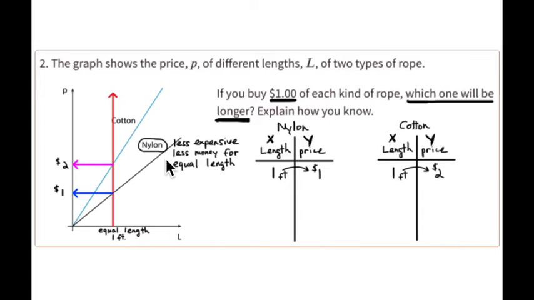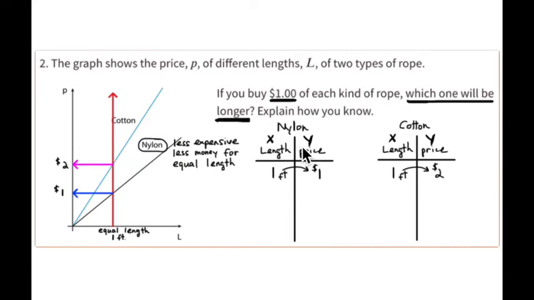So let's put these both into a table. Let's go back to the tables that we've used in the past. Nylon rope, cotton rope. X is going to be the length. It's down here. The length is on the x-axis. Y is going to be the price on the y-axis. In the case of the nylon rope, the constant of proportionality is going to be $1 per 1 foot. 1 divided by 1 is 1.